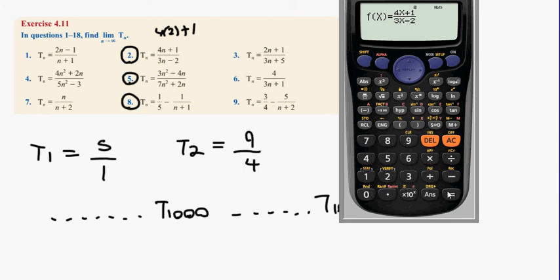Then I could start at 1 and end at maybe 10,000, and go up in steps of 1,000.